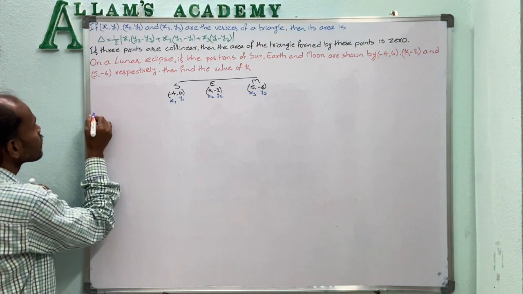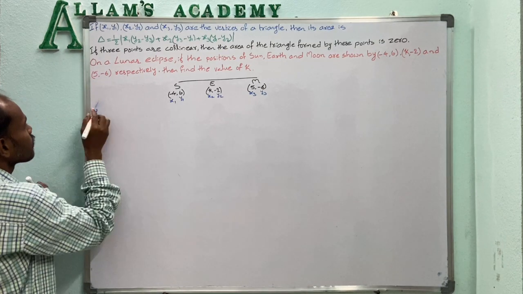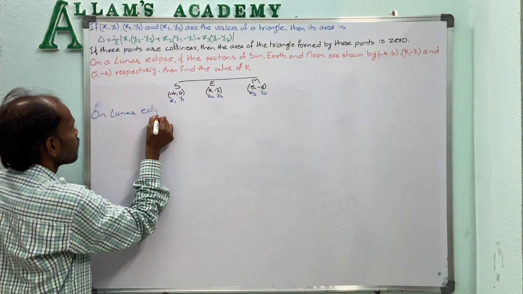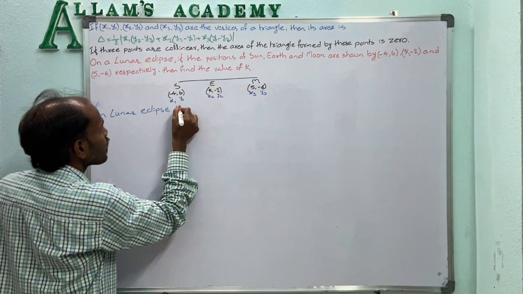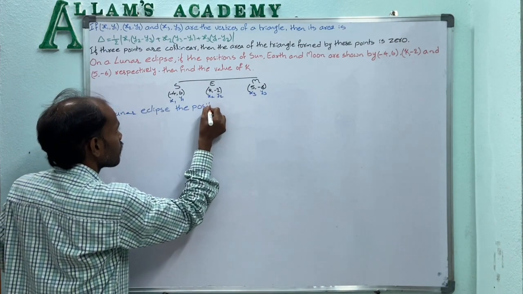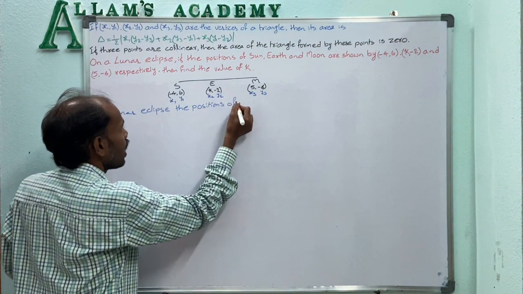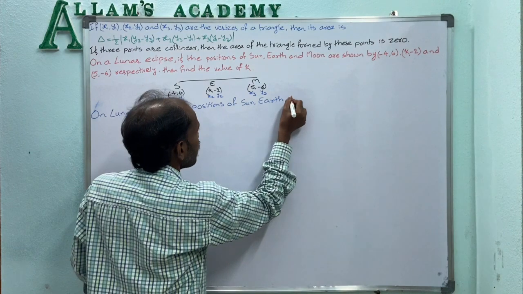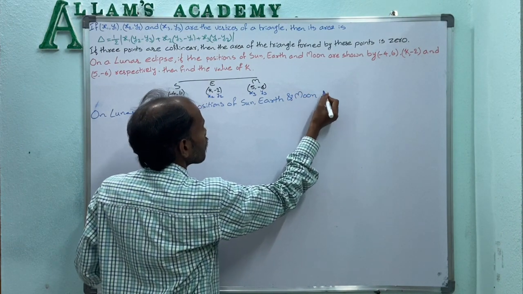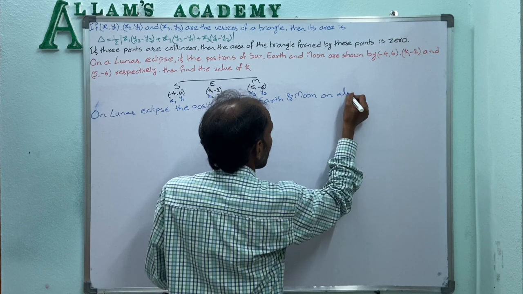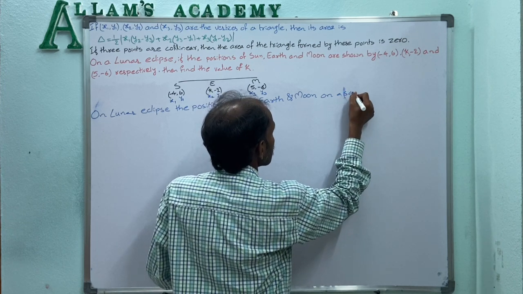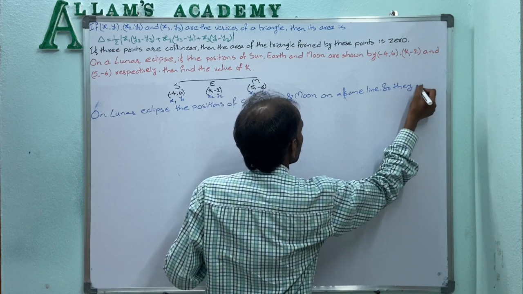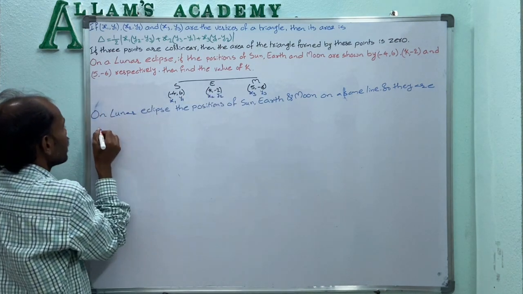So here on a lunar eclipse, the positions of sun, earth and moon are on the same line, so they are collinear points.